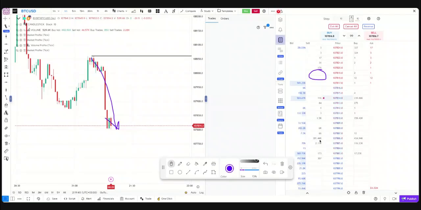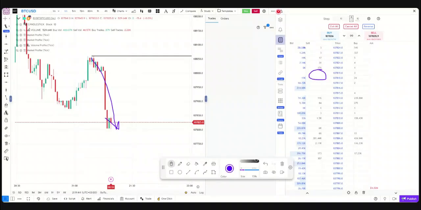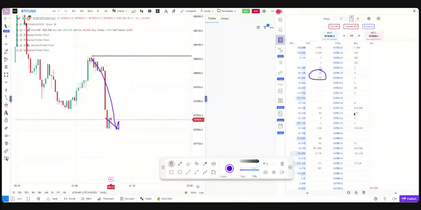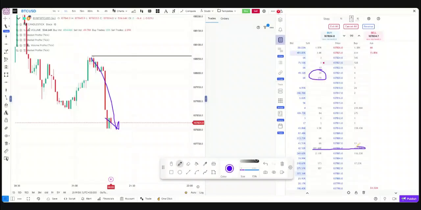Up here 301k. Where was it? 108, 806. 107, 806. Yeah, here there were a lot of trading activities.